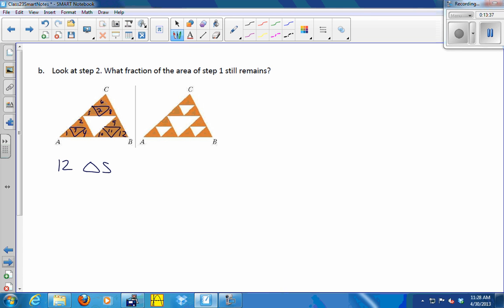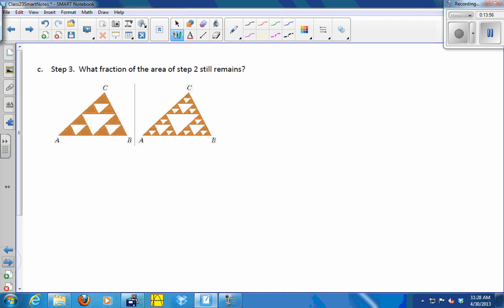I'm going to throw away 3 of them, which leaves me with 9/12 of what I started. I get to keep 9 of them. And 9/12 is 3/4. Step 2 to step 3. How much area do you think I'm going to still have? Same thing, 3/4.